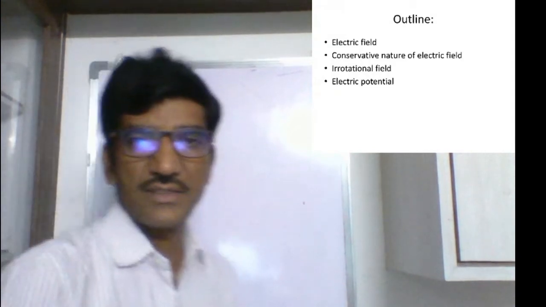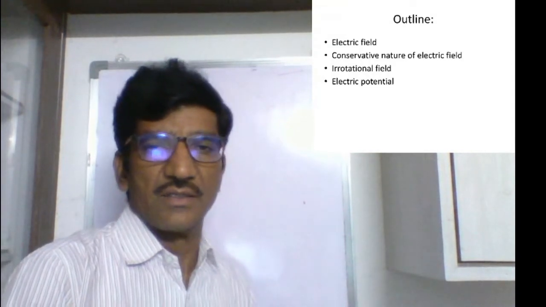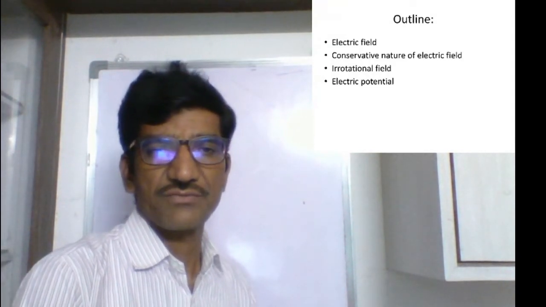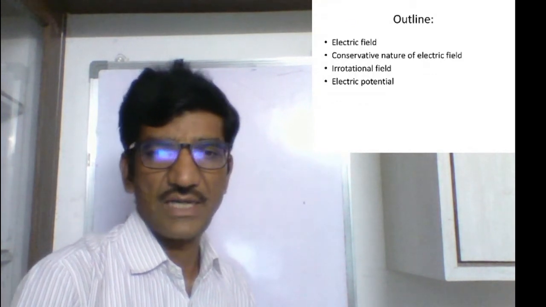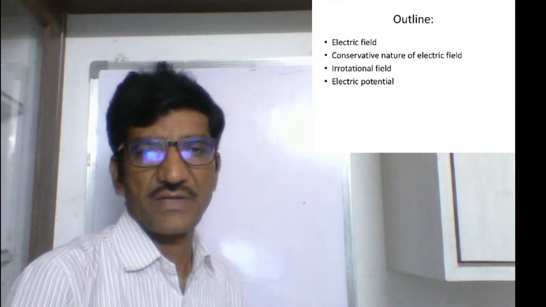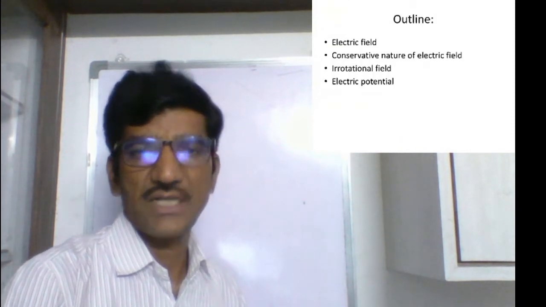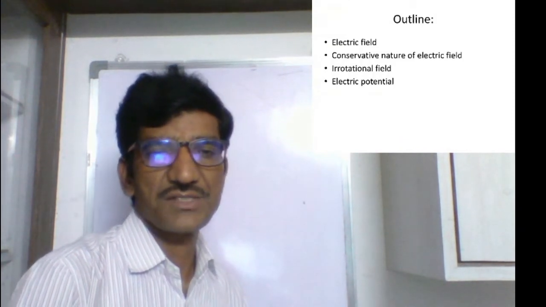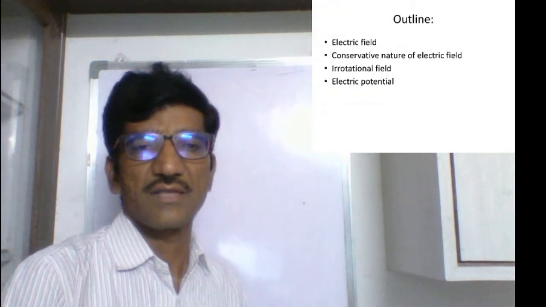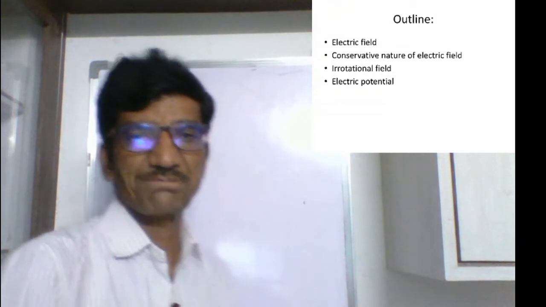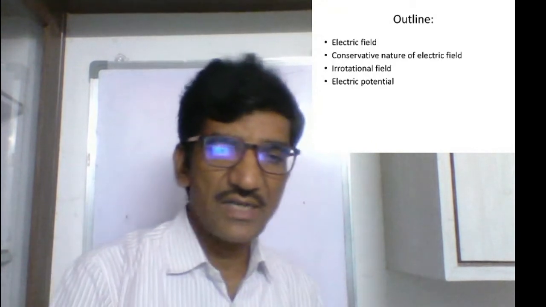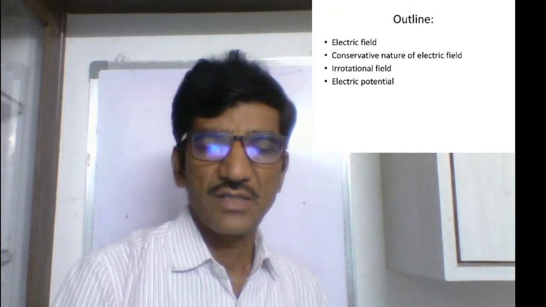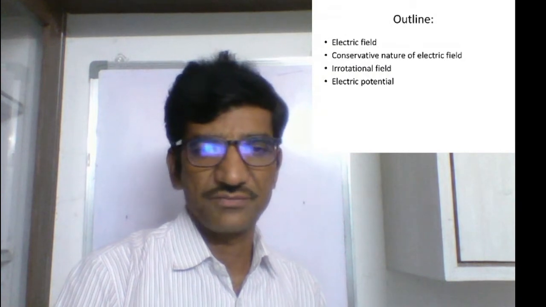Electric field. Next, conservative nature of electric field. Next, irrotational field, that means irrotational nature of electric field. Next, let us give introduction to the electric potential. First, let us go for the electric field.